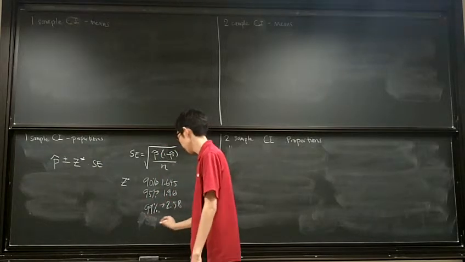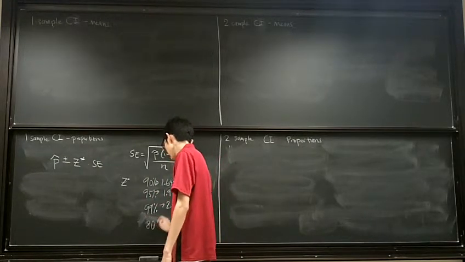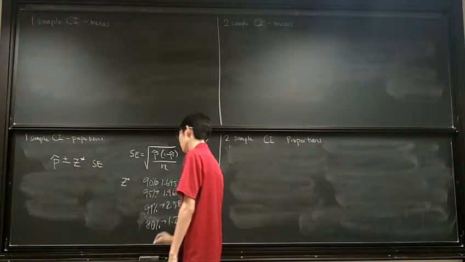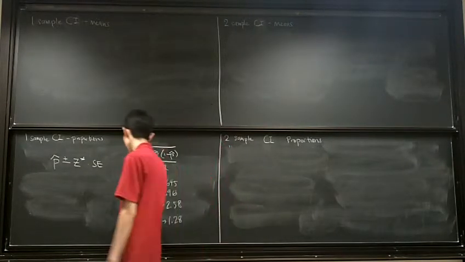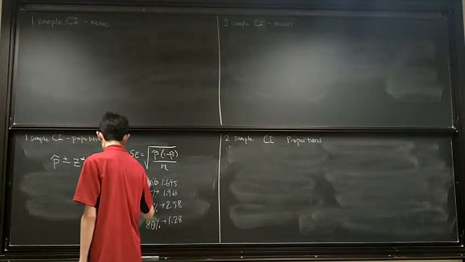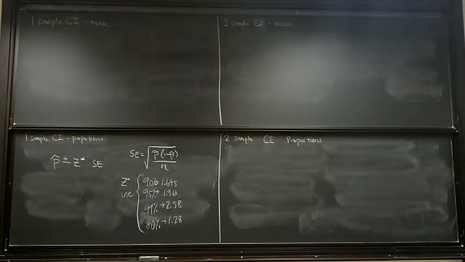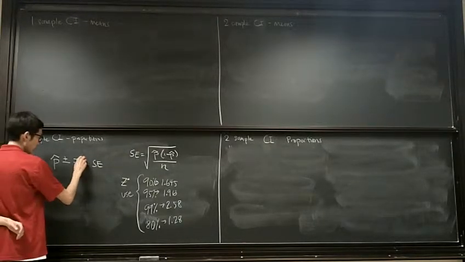If we wanted an 80%, 1.28. That's it. Just to verify, is that times SE? Yeah. Okay, thanks. Z star times standard error.